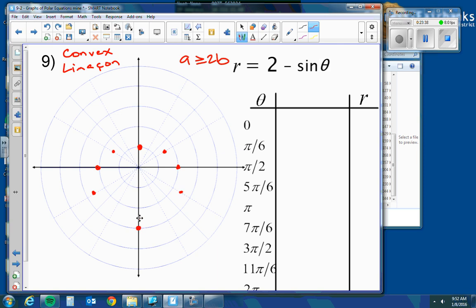Which, by the way, notice the rule still applies. 2 plus 1 gives you 3 for this farthest distance. 2 minus 1 gives you 1 for that distance. This one, remember, it's another limaçon, but now it's convex. It's not dimpled. And so it will just go across there and look something like a circle. And that's it. Done.